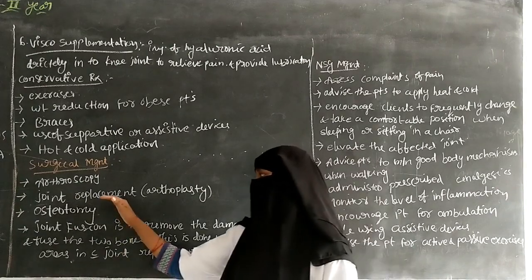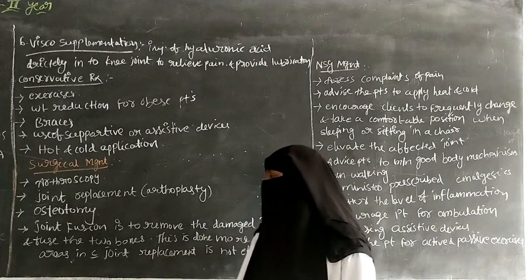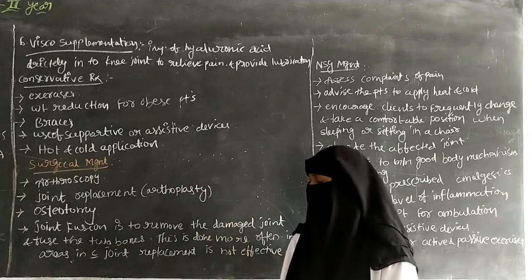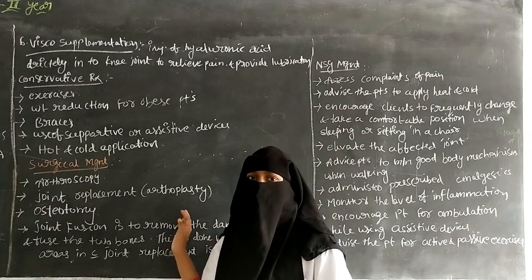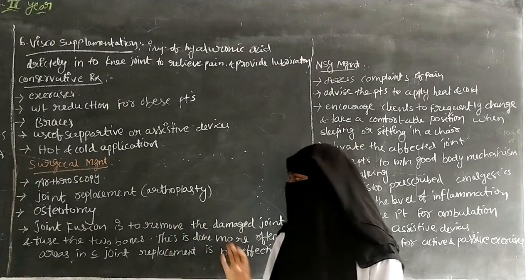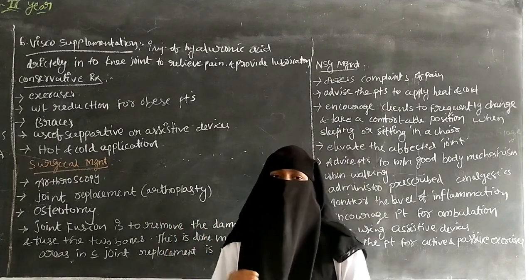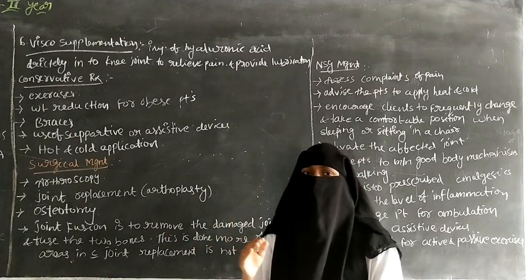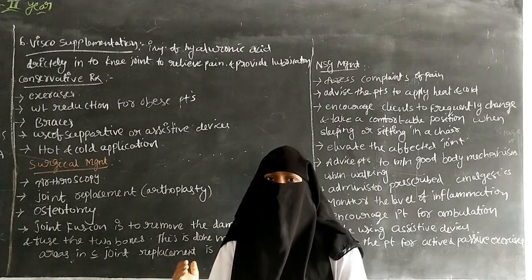And next one is joint replacement, also called arthroplasty. In arthroplasty, the damaged cartilage or tissues and the damaged joint are removed.